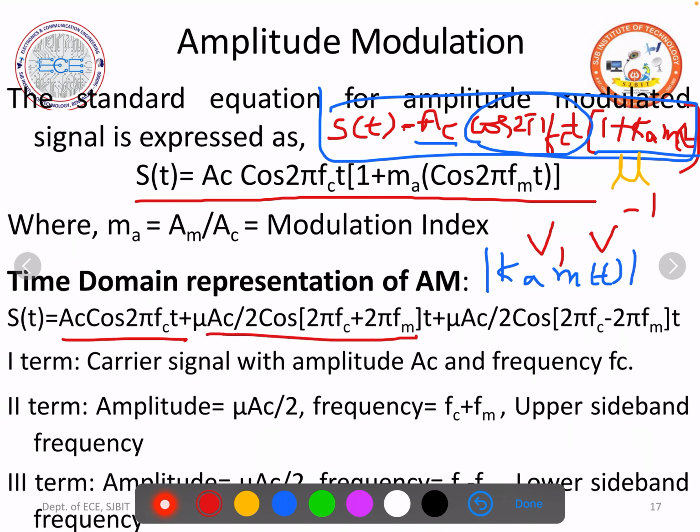The second term is at the frequency Fc plus Fm. We call this the upper sideband, and it has the amplitude mu Ac by 2. And this third component is the lower sideband, which has the amplitude mu Ac by 2 and frequency Fc minus Fm.